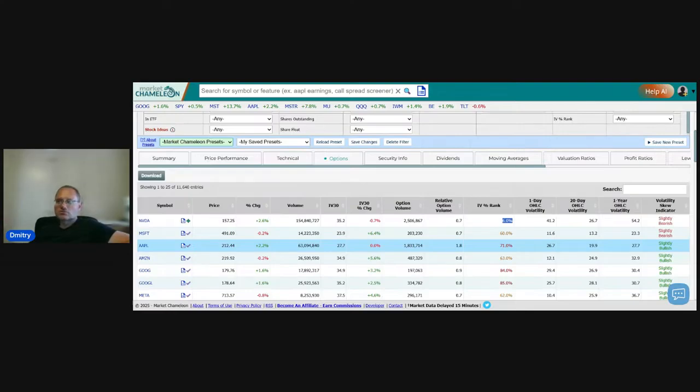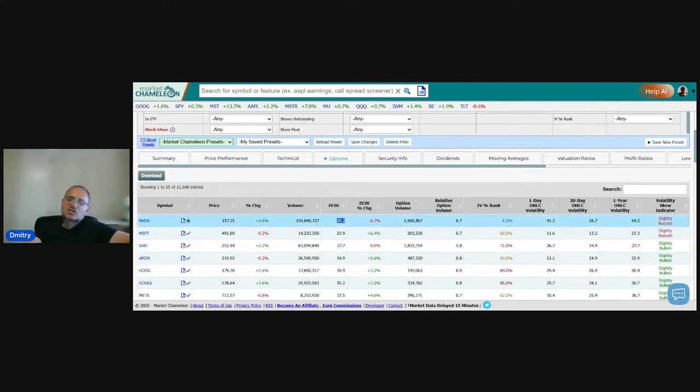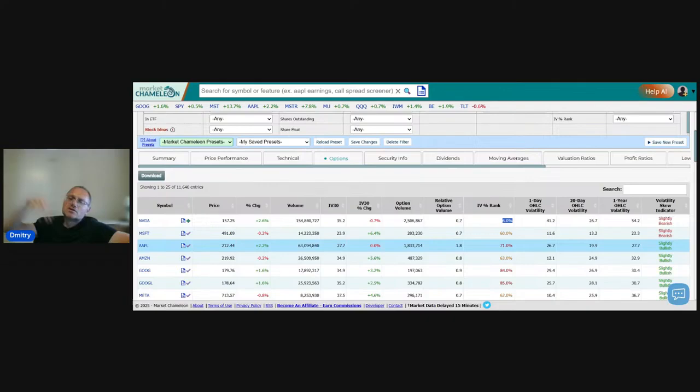So look at a year's worth of trading days and says, okay, if we sorted all the last 252 days from the highest implied volatility to the lowest, we have 252 observations, and we want to know what percent of those observations are below the current level. So this is saying 6% were below, meaning 94% were higher. So this would put it in a lower range.